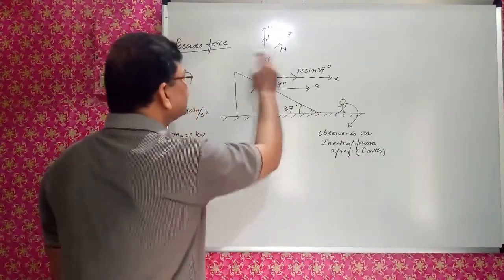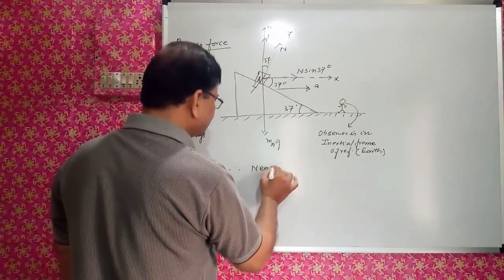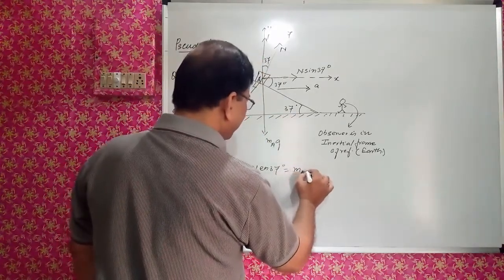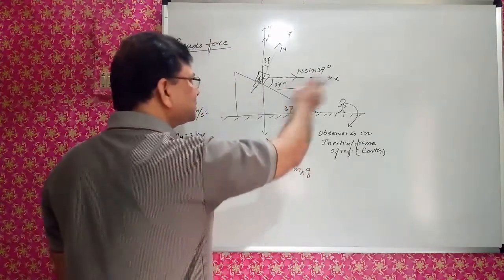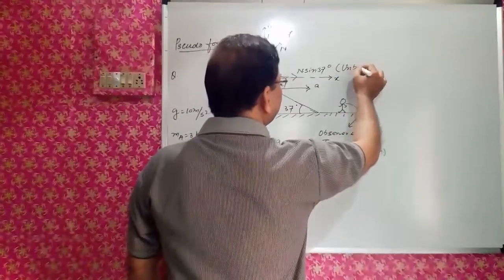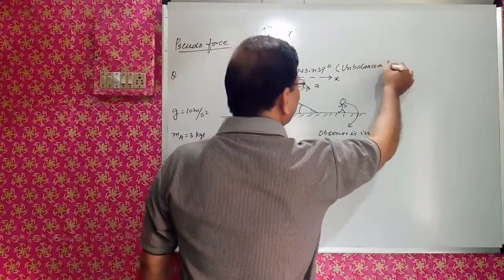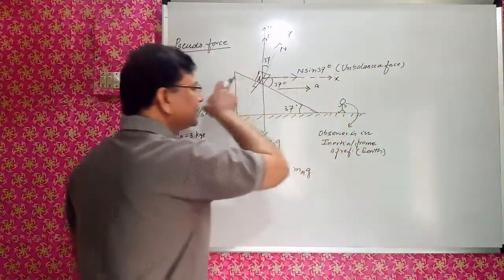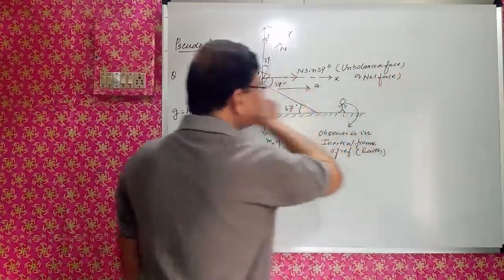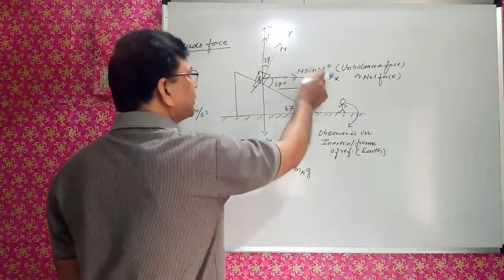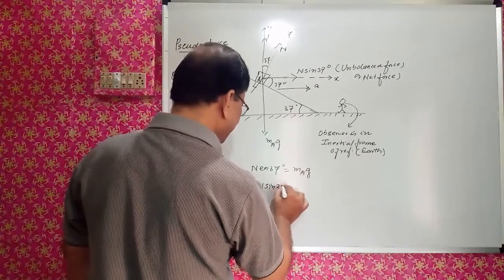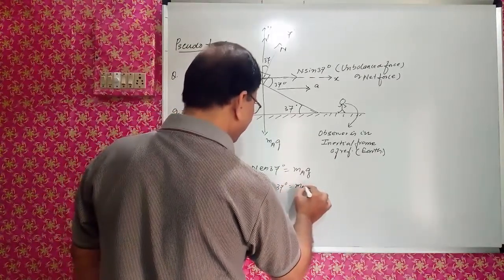Therefore, after resolving, we get N cos 37 degrees is equal to mg. And this one is the unbalanced force, this is not balanced. So this is the net force, along this direction, and the net force will cause the acceleration. Therefore, N sin 37 is equal to m into a.